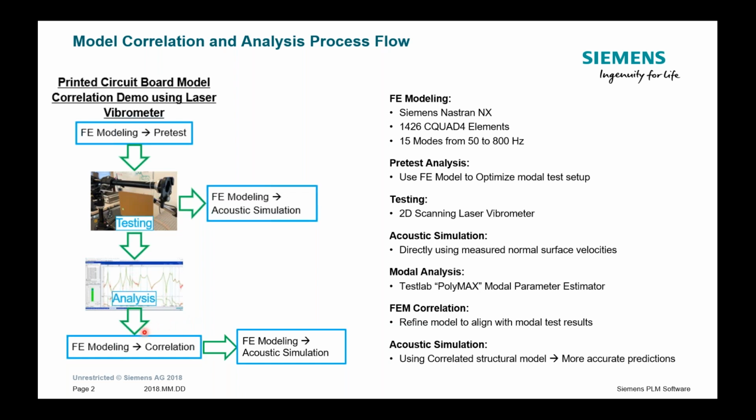And with the modal analysis model, we can use that for correlation and feed that into a model correlation and model updating scenario. And then from that, using a correlated model, we can use that for acoustic simulation. So those are the steps in the process that we used for this study.